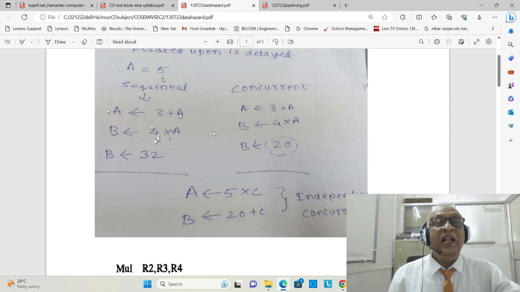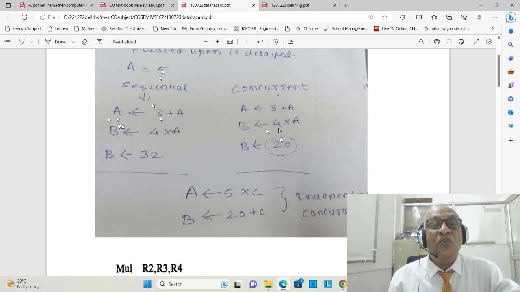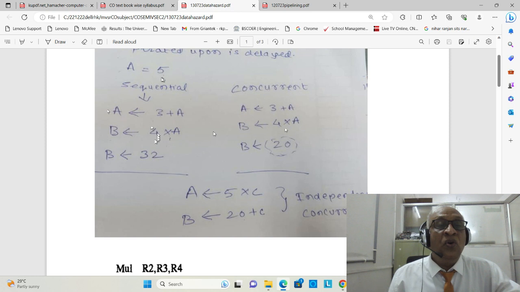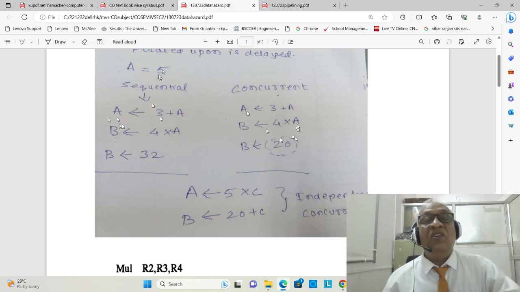Let us assume for pipelining the instructions need to be operated upon concurrently. It means the addition and the multiplication operations are to be done concurrently. When they are being done concurrently, b may calculate the multiplication of 4 multiplied by a by taking a's old value, not the latest value, as the operations are concurrent and the latest value available at this instant of time is 5 only.